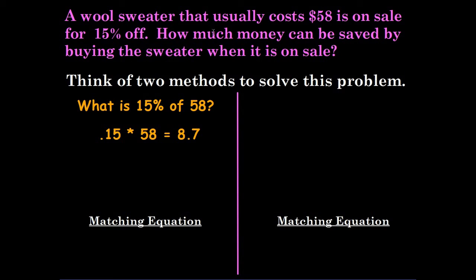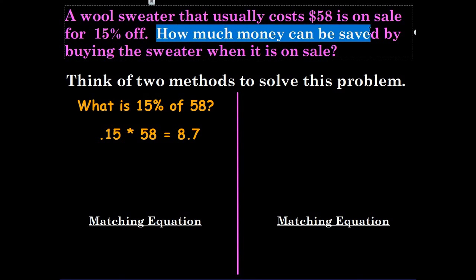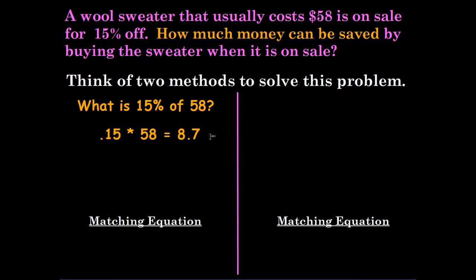The important part of this problem, though, is it says how much money can be saved. And I think that's a big problem for a lot of us, is we don't necessarily look at what it's asking. So, how much money can be saved by buying the sweater when it is on sale?